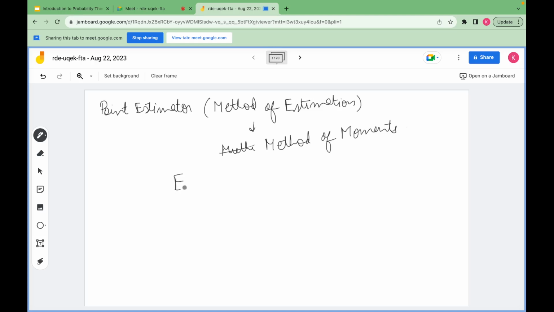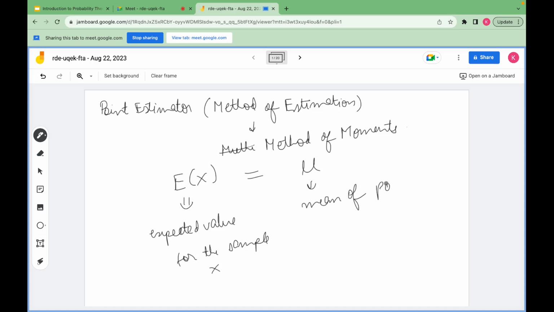So for example, the expected value of the sample X is equal to the mean of the population. This is one estimation.